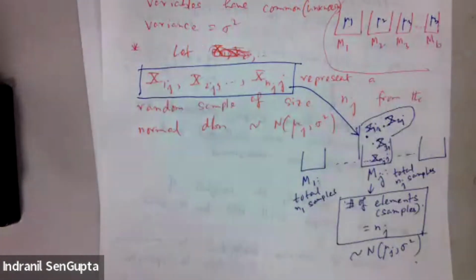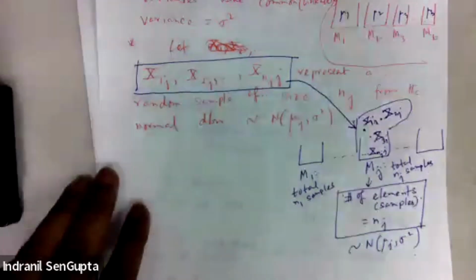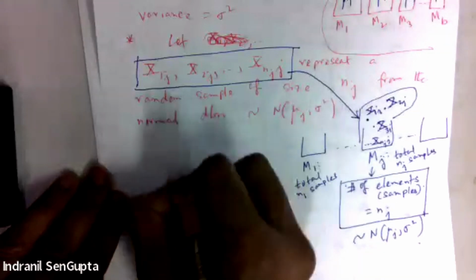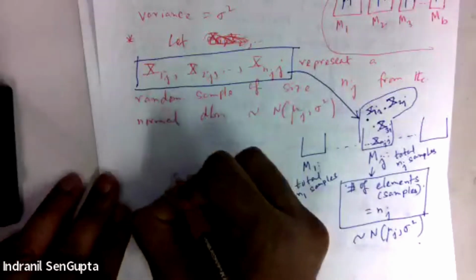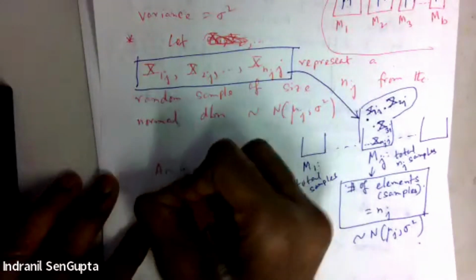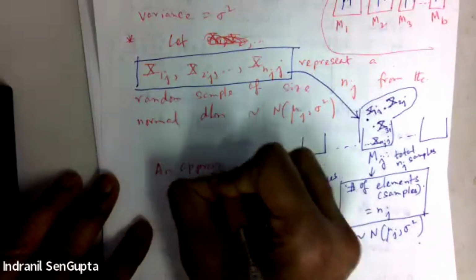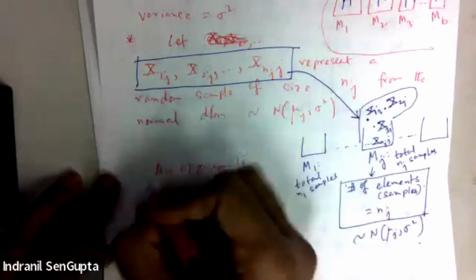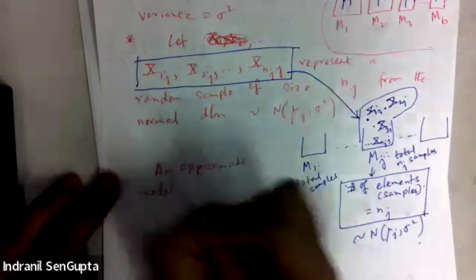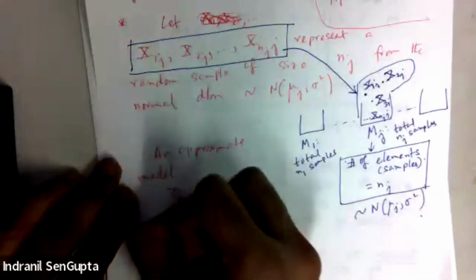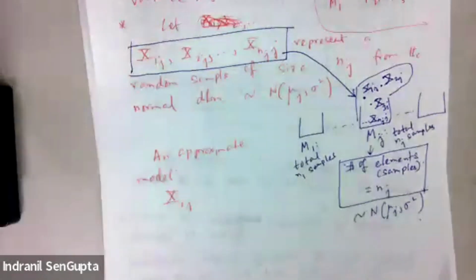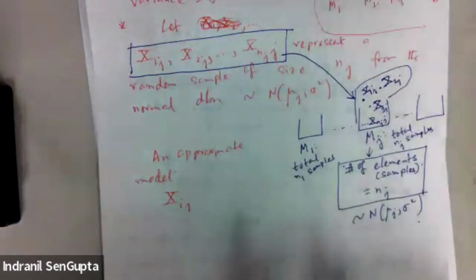Okay. Now, an appropriate model for this one. So here's an approximate model, given by x of ij. Once again, what do these two numbers mean?